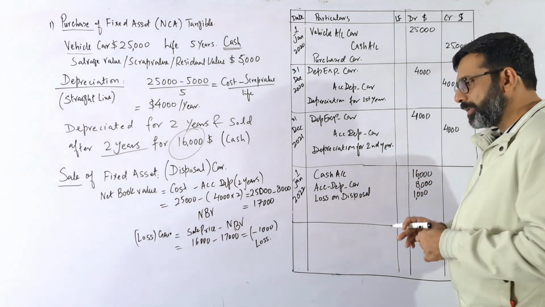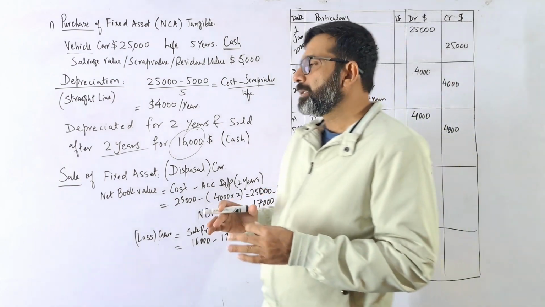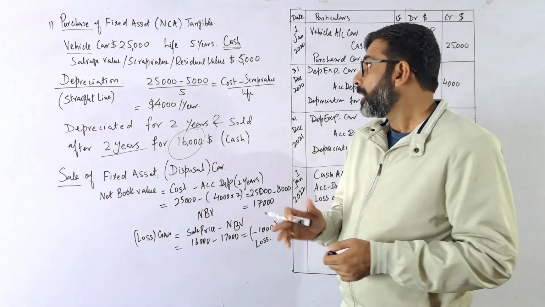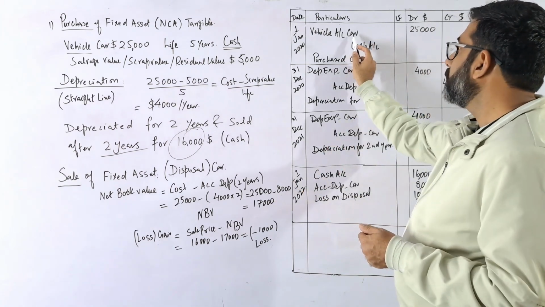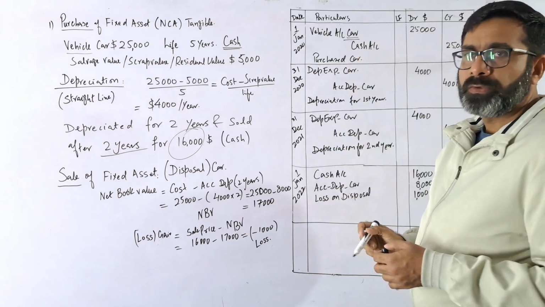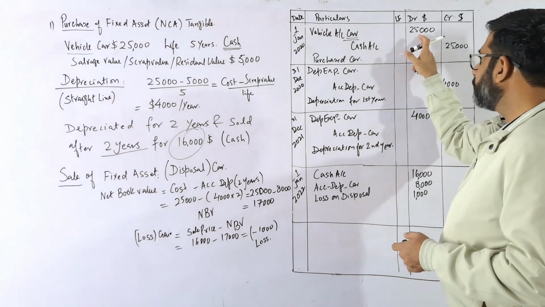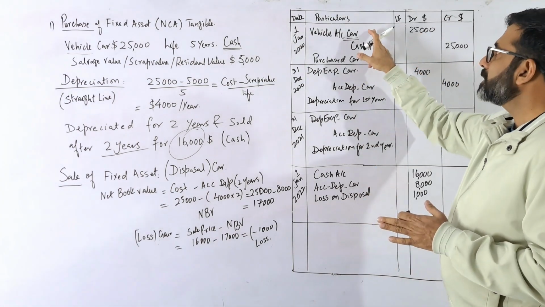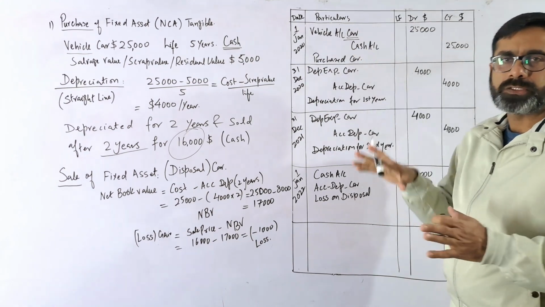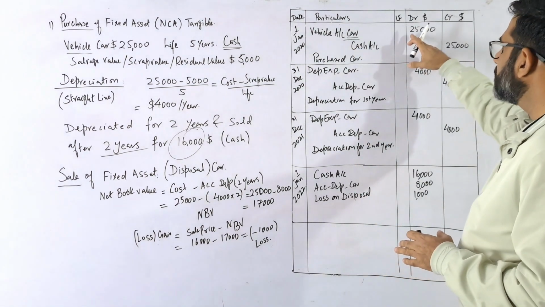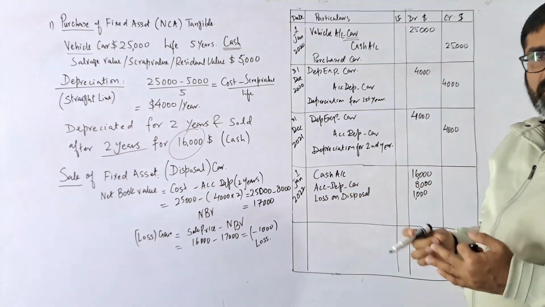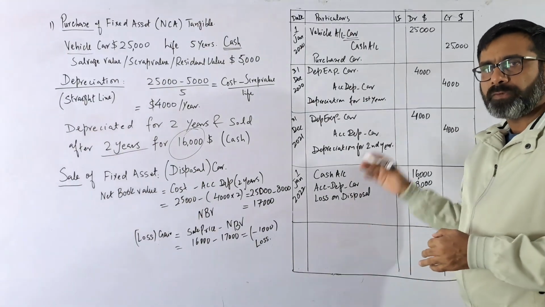All are the debit. Now, because they are selling this car, the car was in the books of account for how much? The vehicle account was 25,000, but now they are selling this car, so the balance in this account should also be zero. So when they purchased the car, they debited the vehicle account, so the same account will be credited to write it off from the account.